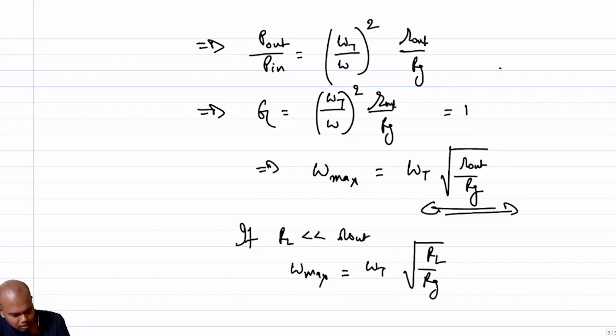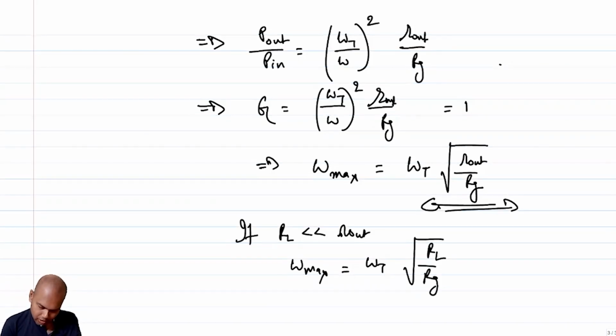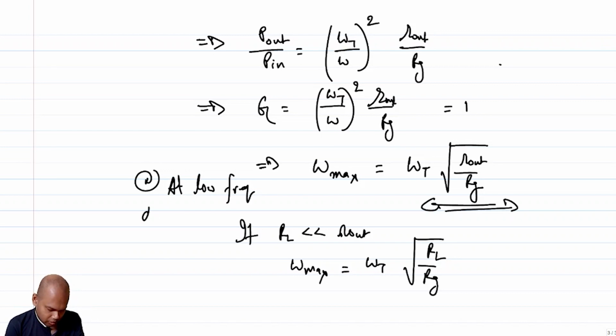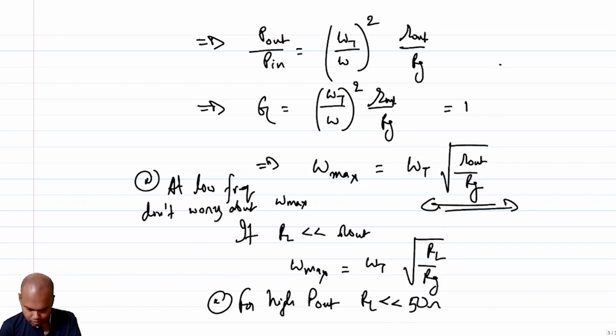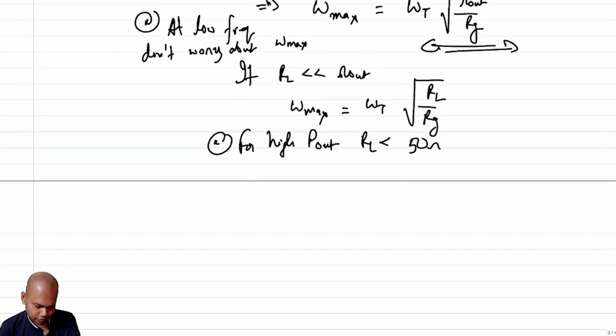And the last point, let me also write down these points. The first point was: at low frequencies, don't worry about omega max. Number two: for high power, RL should be much less than 50 ohm, i.e. RL by RG tends to 1.